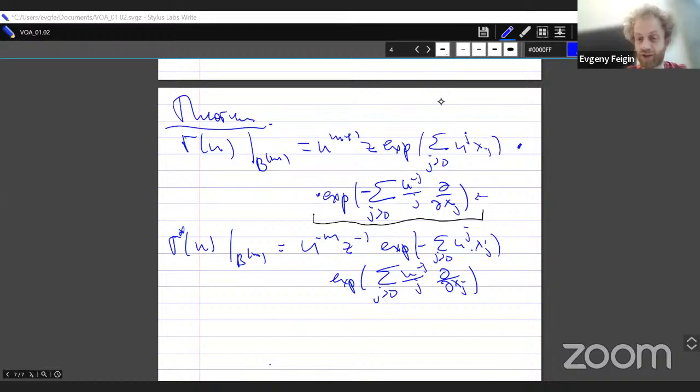You can't move one exponent past the other. Of course there are some formulas for that, but it has to be done carefully. The product of gamma of u and gamma star of u cannot be written in this simple form because of the two exponents; the operators do not commute. Any further questions?